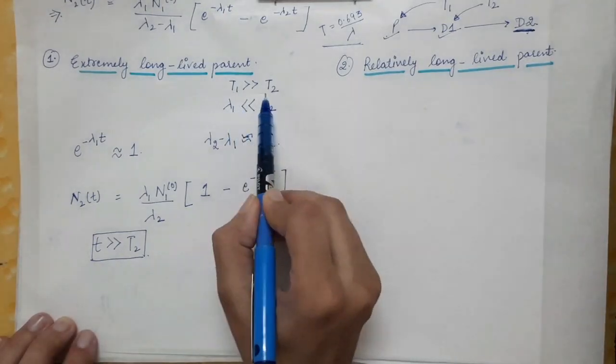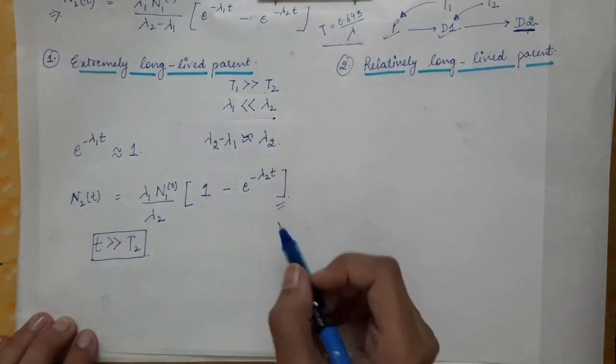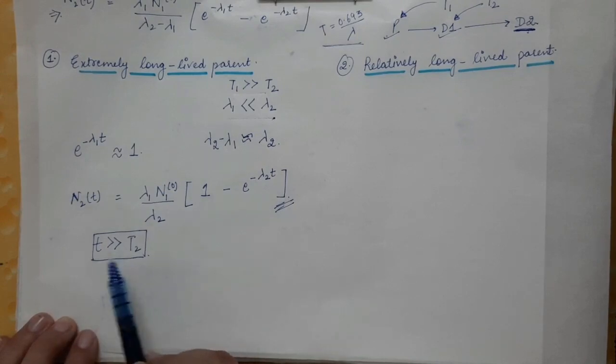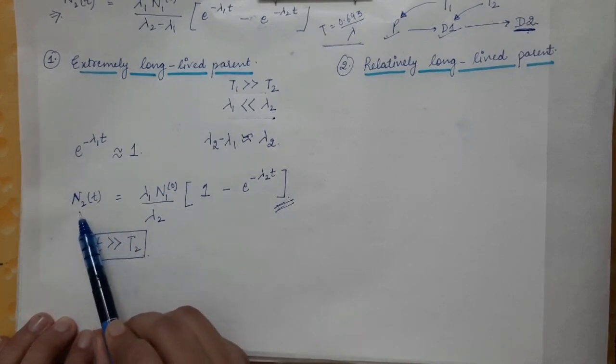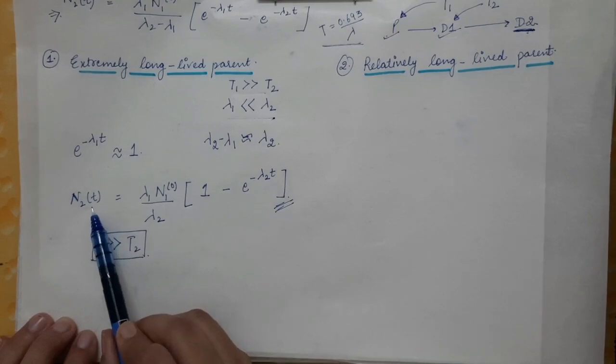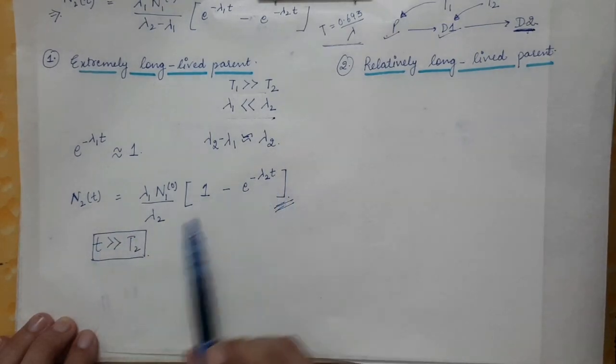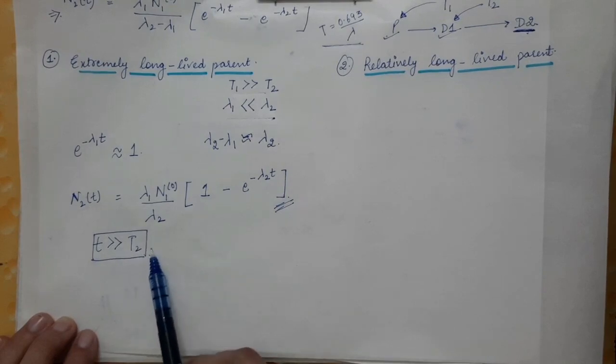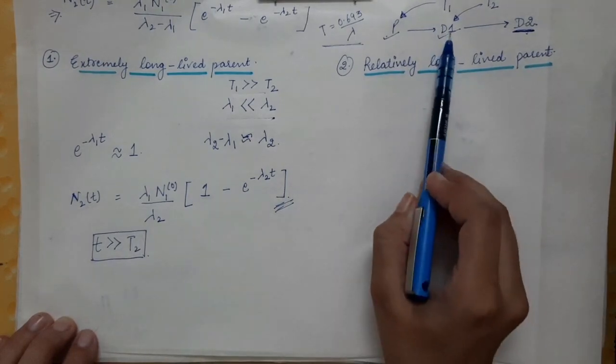This is the condition of an extremely long lived parent, and this equation we get for the number of daughter nuclei in this particular case. Now we are using another approximation, that we are looking at the number of daughter nuclei at an instant of time which is very much greater than T2. Now T2 is the half-life of the first daughter nuclei.